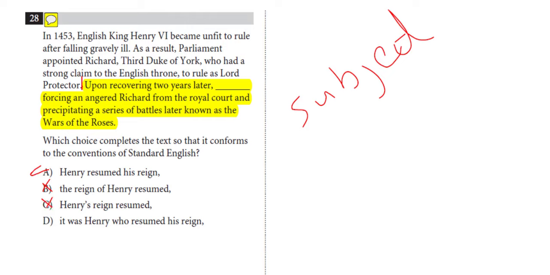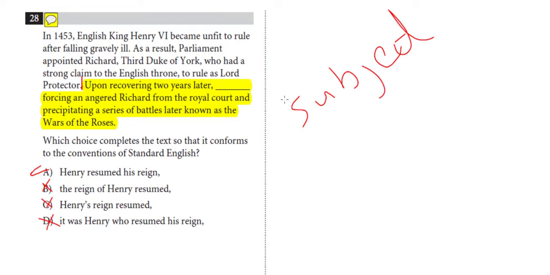And also for D, the first word is it. Can we say that the function word it recovered 2 years later? For sure we cannot say that. And this tells us that D is not correct. So once more, my friends, whenever we know from the answer choices that they have more than one word and the arrangement of the words expresses the same idea, I can tell that this is subject modifier placement.